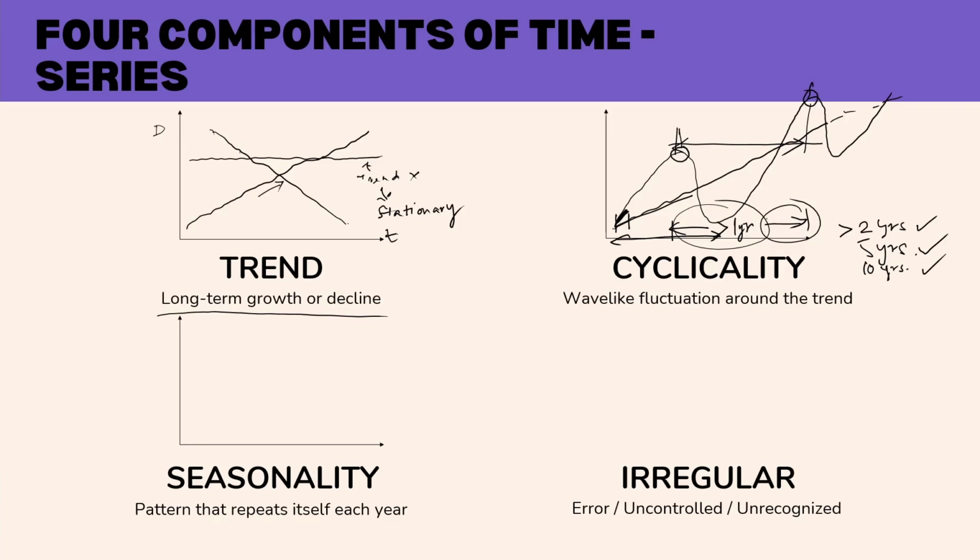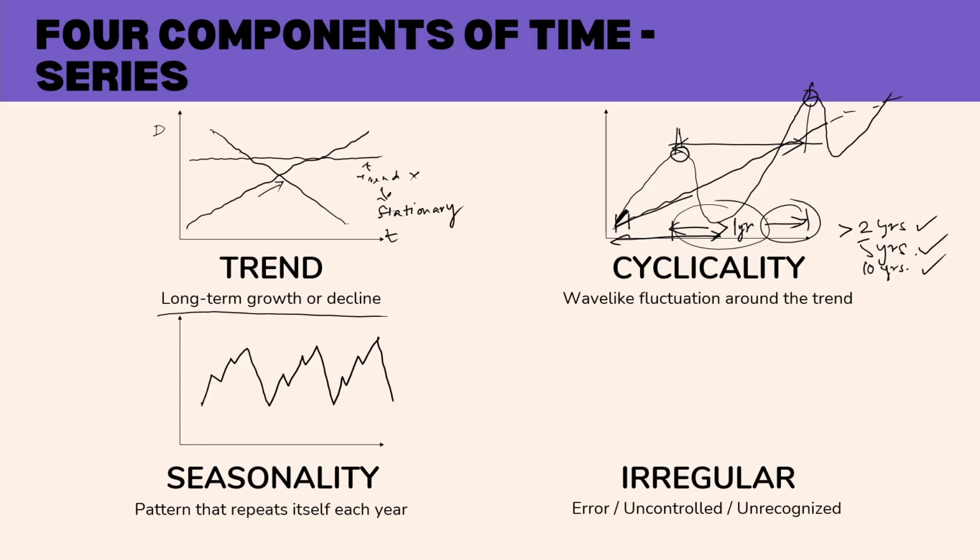Seasonality is the variation in data over a period of time, and the nature of the fluctuation will repeat itself after 1 year.